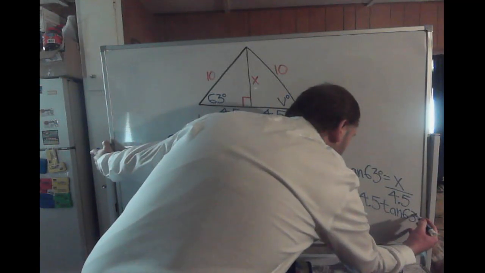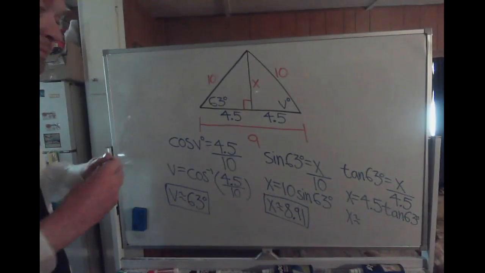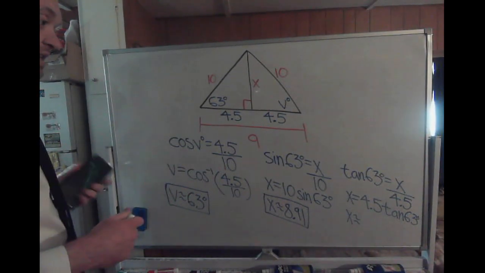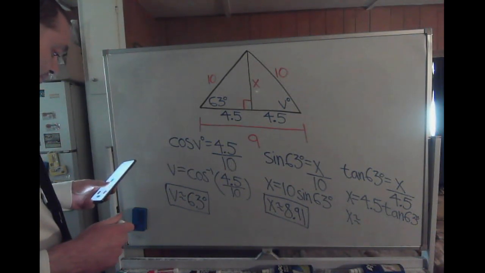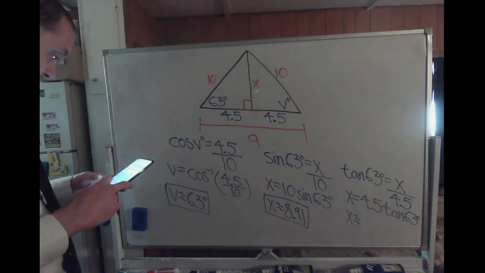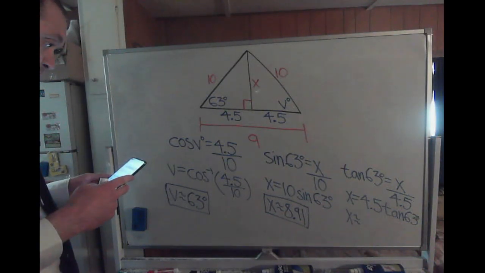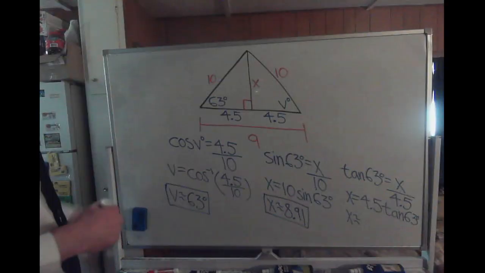And we should get approximately the same result we got when we did the sine. So let's go ahead and find that real quick. Yeah, we get about the same result.